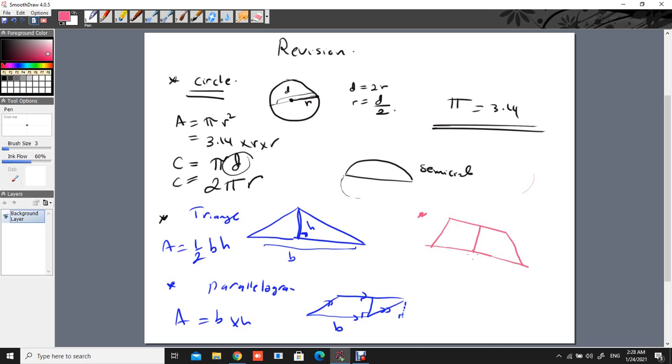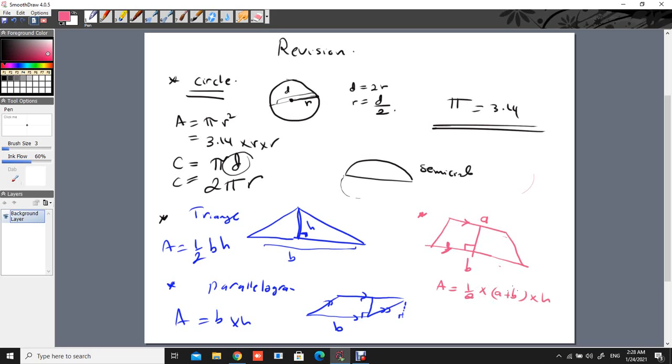This is the height, and this is the first base A, this is the second base B. Now trapezium means it has one pair of parallel sides. Here the area equals half times A plus B, you have to add these bases, A plus B, times the height.